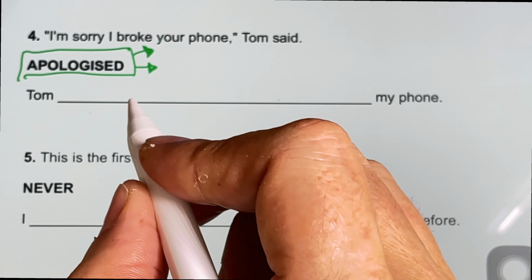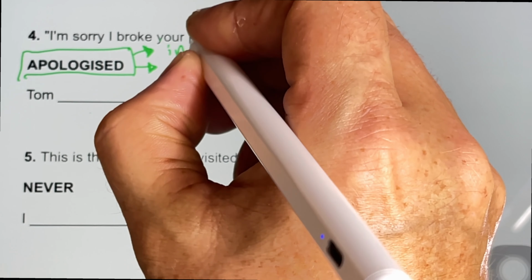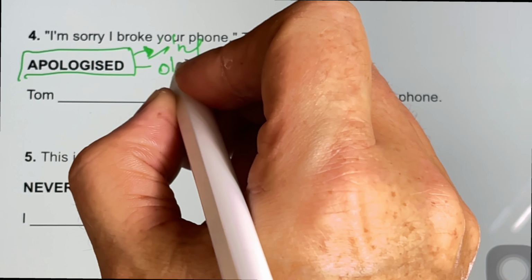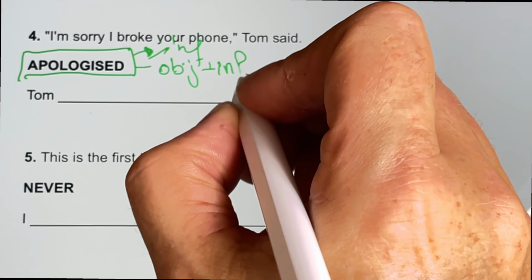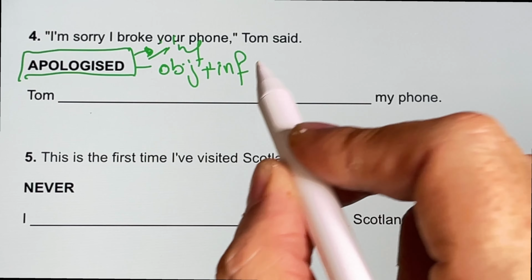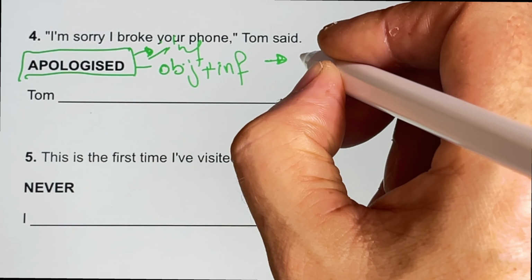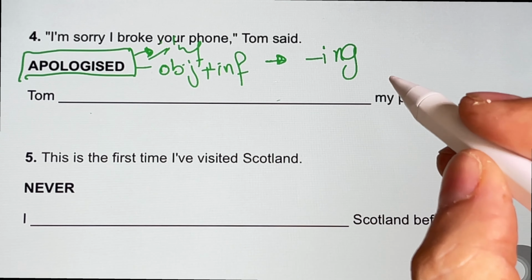They can be followed by an infinitive, or an object plus infinitive, or it can be followed by an -ing, the verb in -ing.